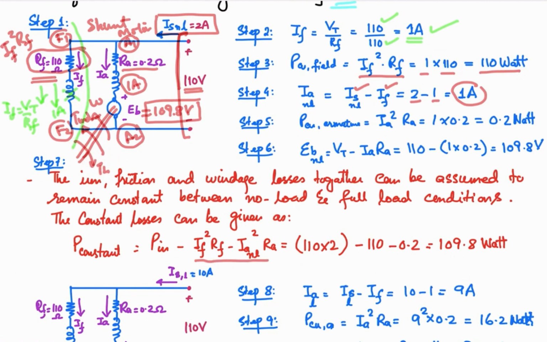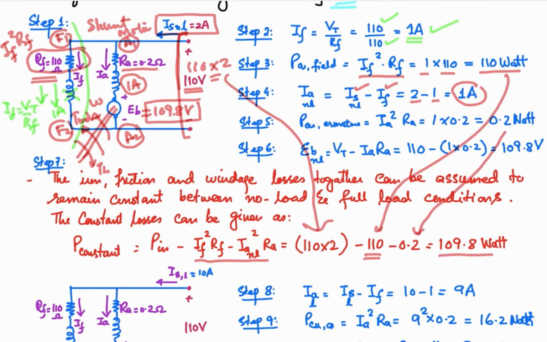So your input power is 110 volt multiplied by 2 amperes. Then 110 watt is the loss in the field circuit, and 0.2 watt is the loss in the armature. So 109.8 watt is that power which is being lost because you are not connecting any load at the moment.